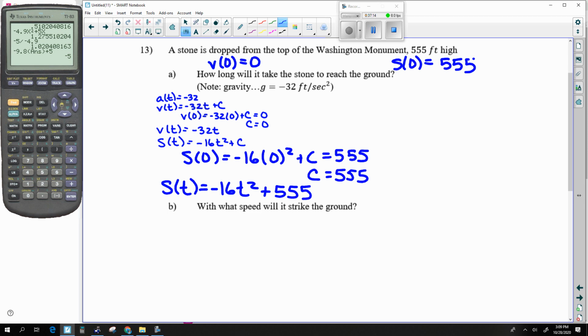All right, so we have velocity and position equations.